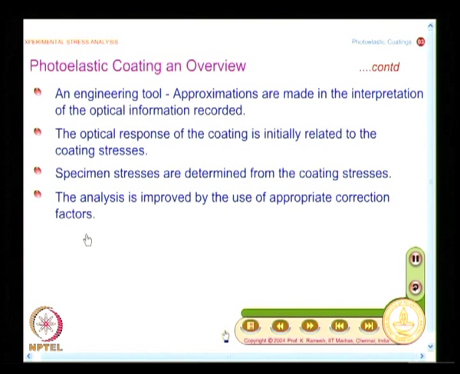appropriate correction factors. See, in transmission photoelasticity, we never even talked about correction factors. The marriage between physics and engineering is so good in transmission photoelasticity, there is no need for correction factors. But in reflection photoelasticity, even for calibration, you need to bring in the correction factor.